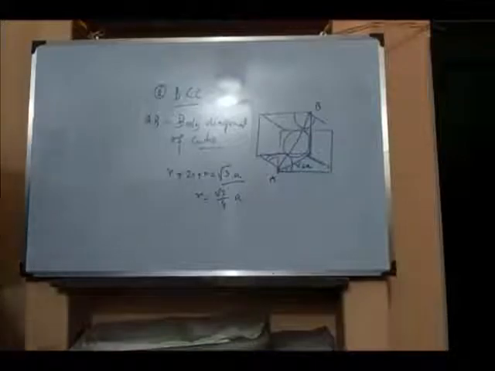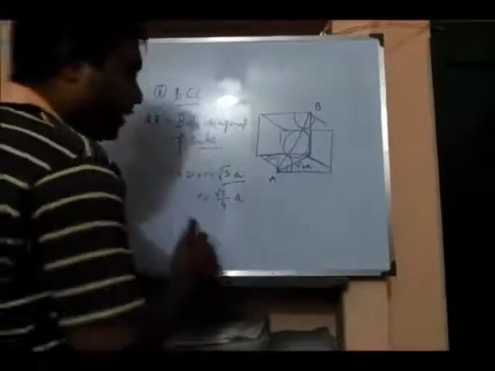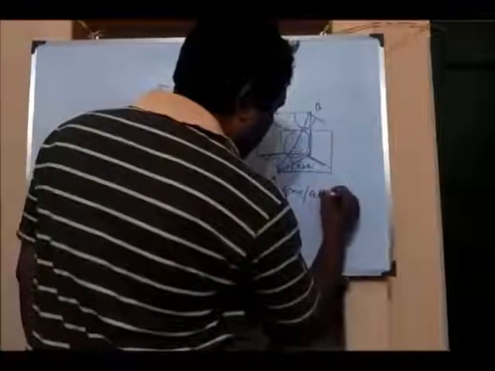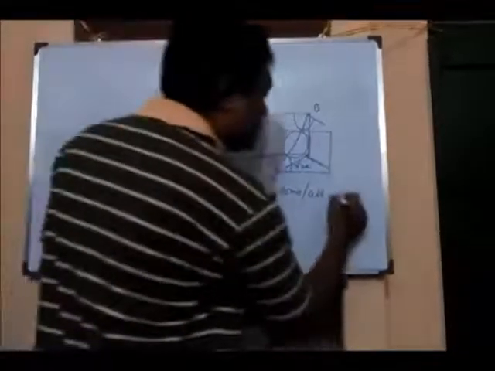Now atoms per unit cell for body centered cube is 2.